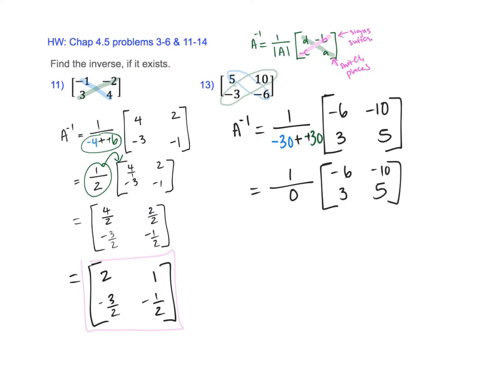But hold up there. You guys probably already spotted. There is a 0 in the denominator. And last time we learned about zeros in the denominator, we can't have that, right? If you have a 0 in the denominator, this is undefined. So because that's undefined, that means that this matrix is undefined.